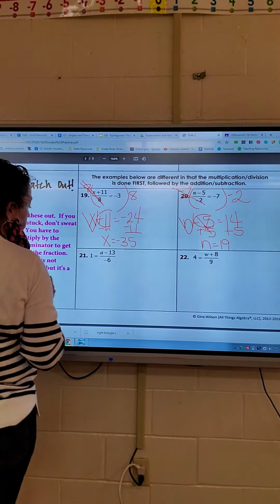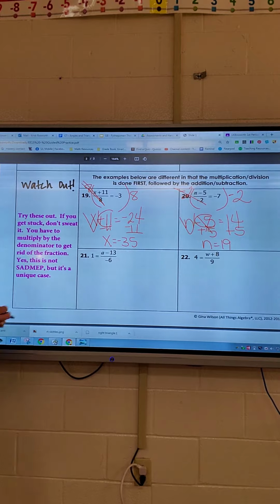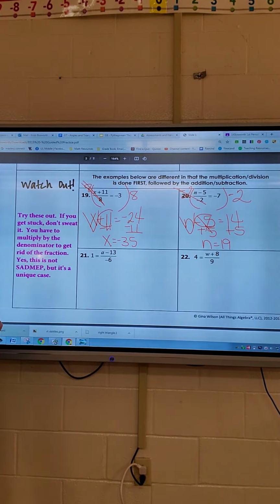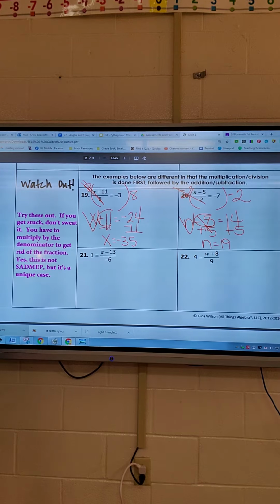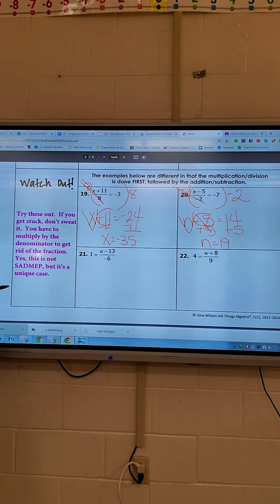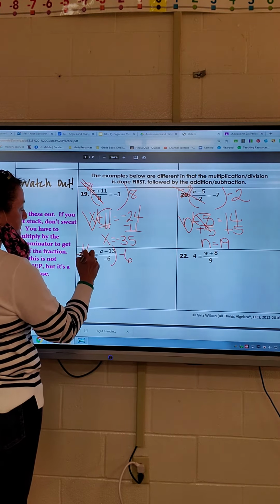Okay, let's do 21 and 22. So where's my expression? On the right or the left? The right. So my expression is being divided by a -6, isn't it? So if my expression is being divided by a -6, I want to do that operation first. So I'm going to multiply both sides by a -6.